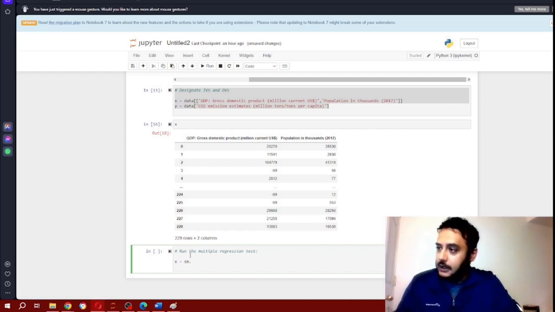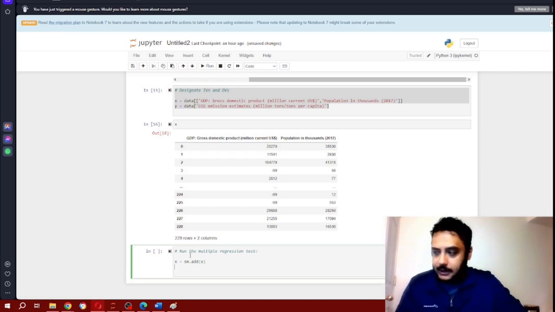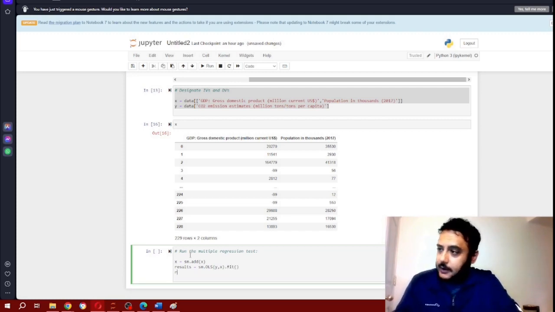You put the name of your independent variable, and then you say results equals sm.OLS, put y and x, then .fit, and results.summary.